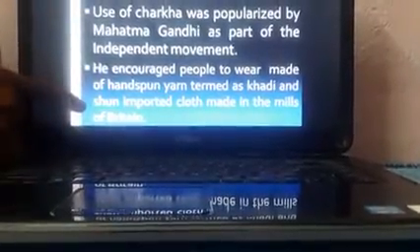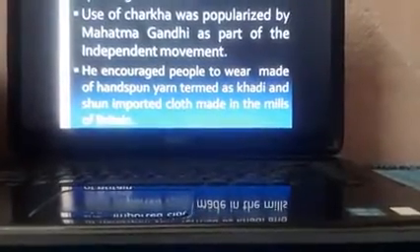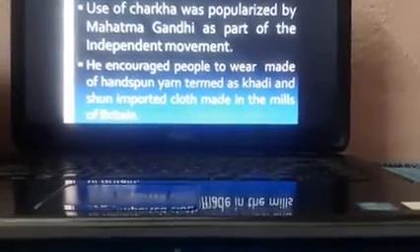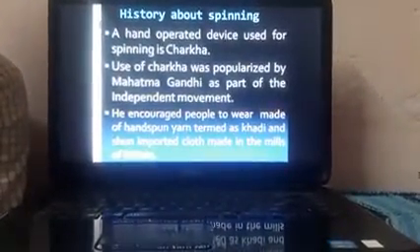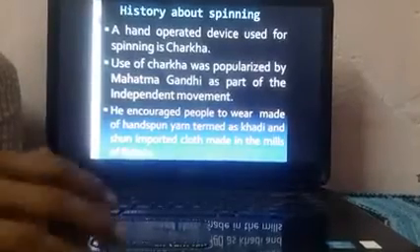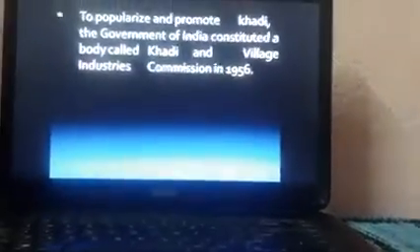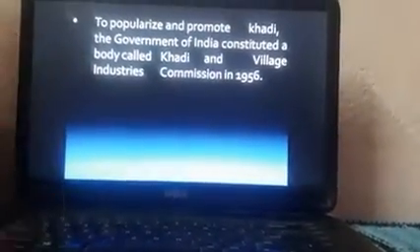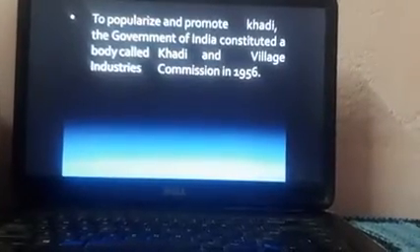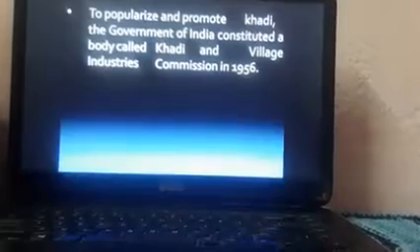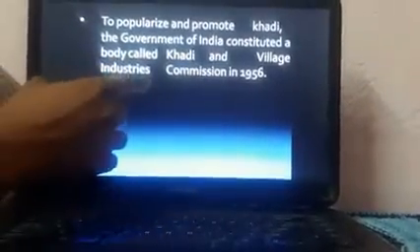Shan was imported cloth made in the mills of Britain. Khadi is the basic material which can be prepared using the charkha, so this is very important. To popularize and promote khadi, the government of India constituted a body called the Khadi and Village Industries Commission in 1956. Remember this line for 1-mark questions in the exam.